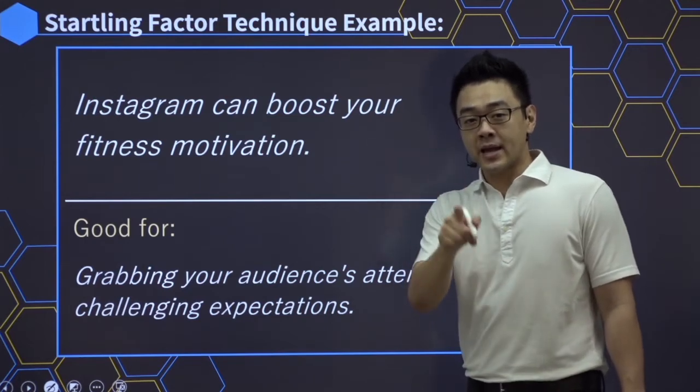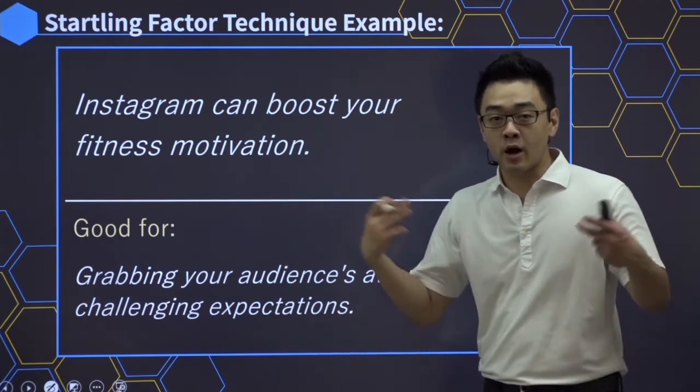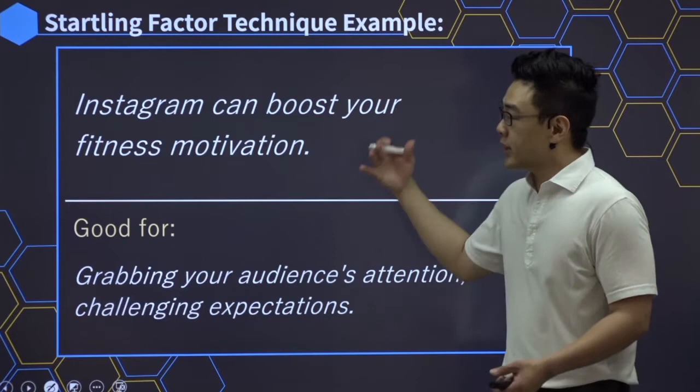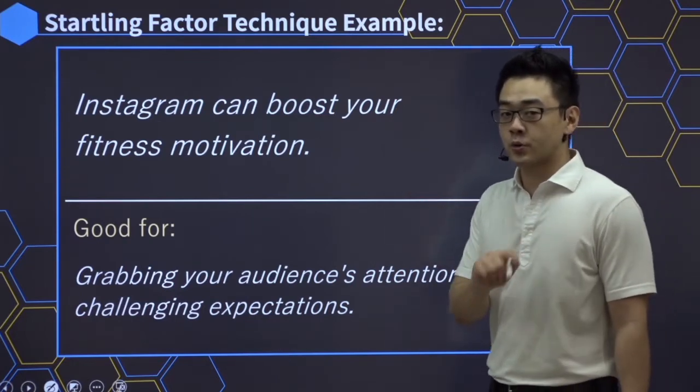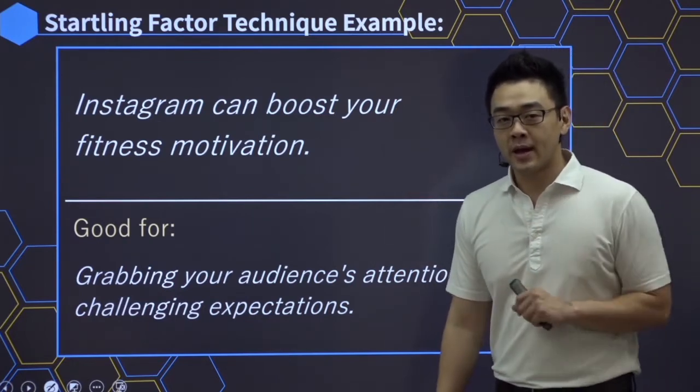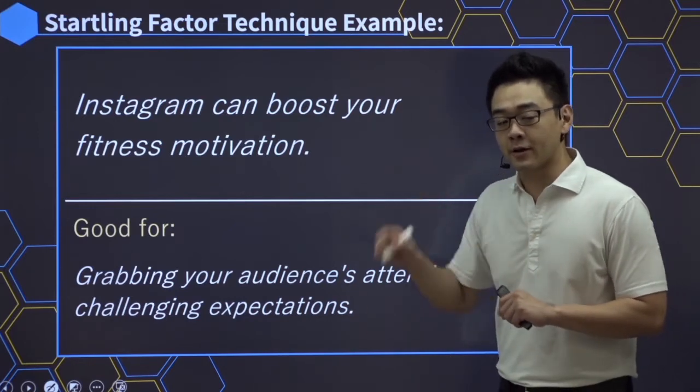People say that a status report or progress update in a meeting, we cannot use startling factor. Not true. It's just that you don't have the opportunity to think about it yet.